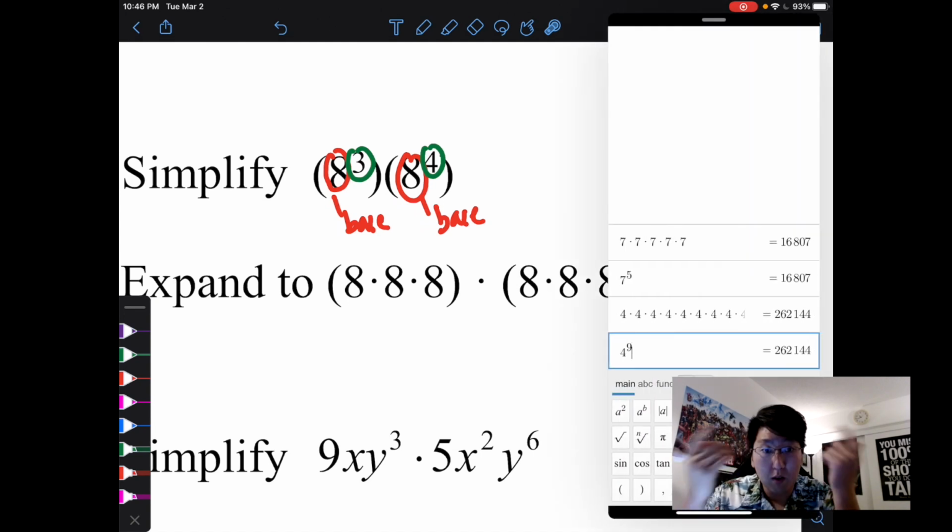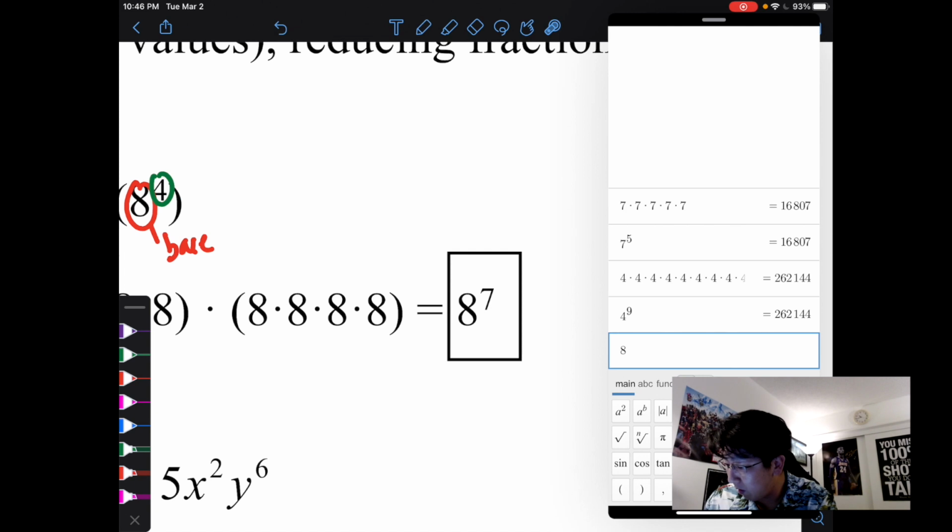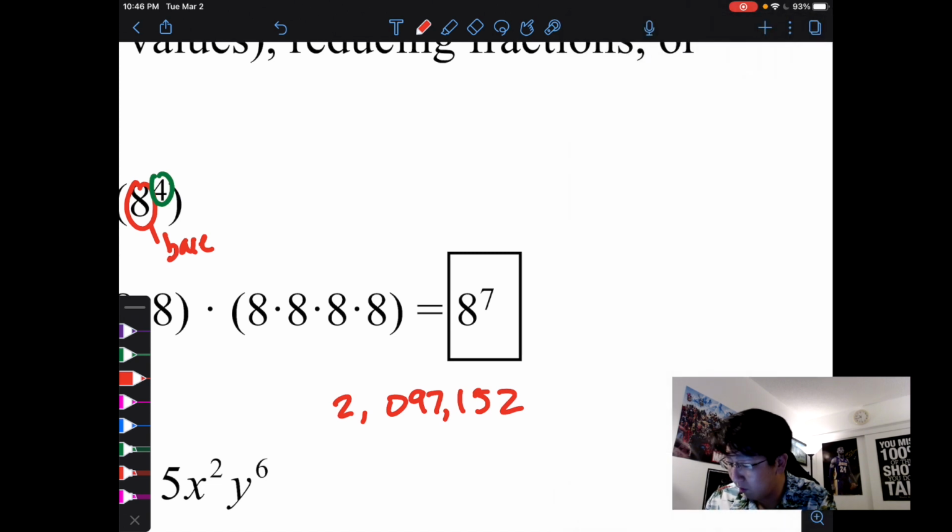Now, of course, that has a number. If I tell you to evaluate this, I'm going to need a number. What's the value when I write this out? If I write 8 to the 7th power, this is a big old number. I should get 2,097,152.